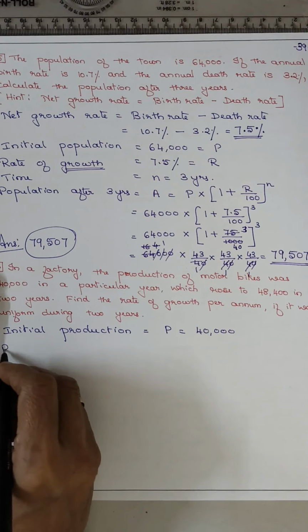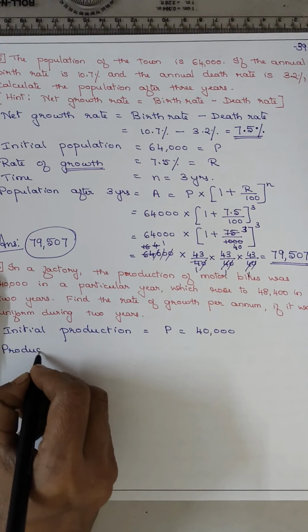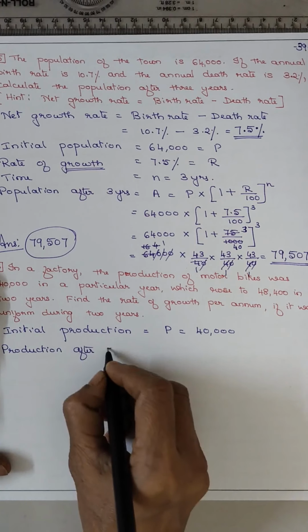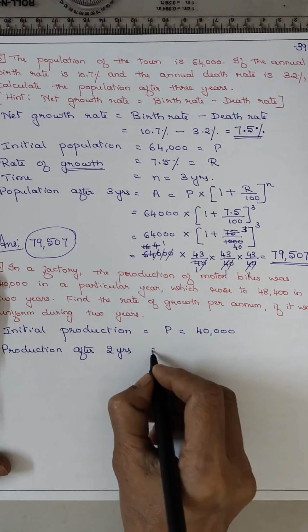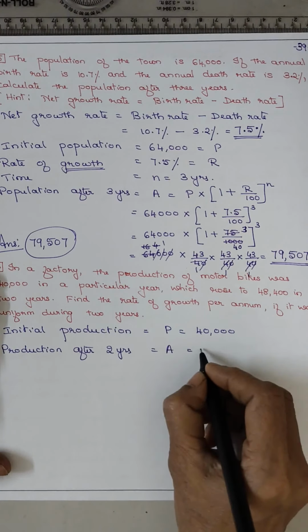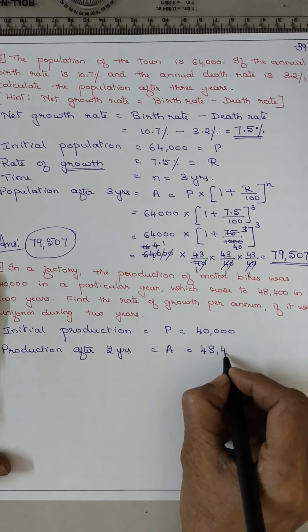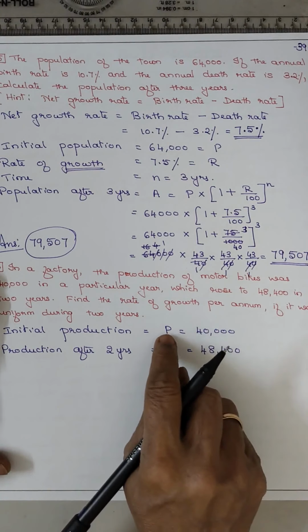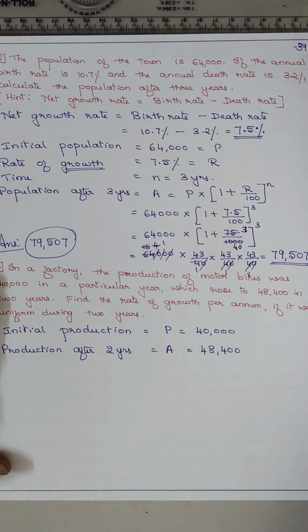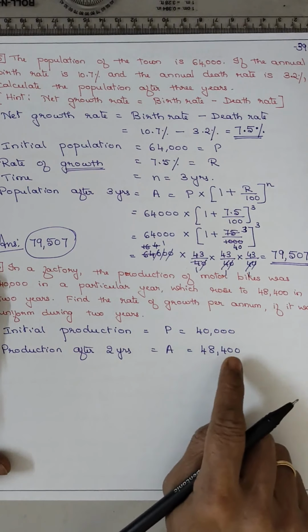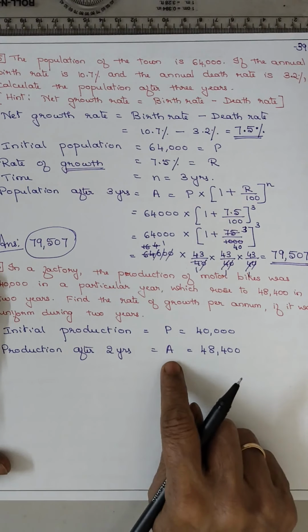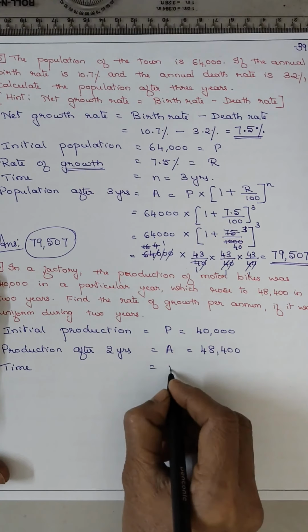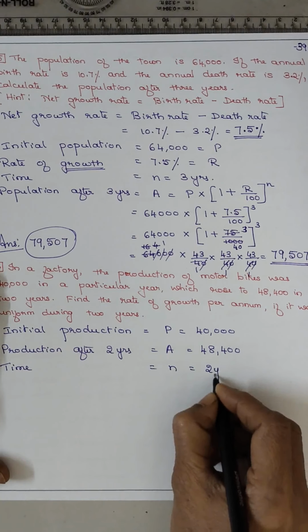So production after 2 years, that will be A, that is 48,400. समझ में आ गए? पहले 40,000 था, इसके लिए P. 2 साल के बाद वो हो गया 48,400. So that will be A. अभी टाइम कितना है? N is 2 years.